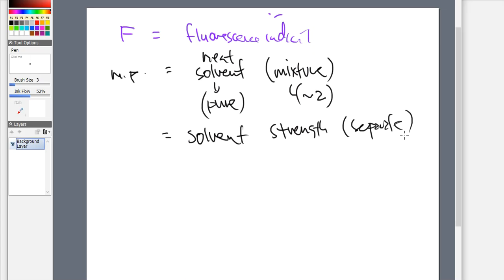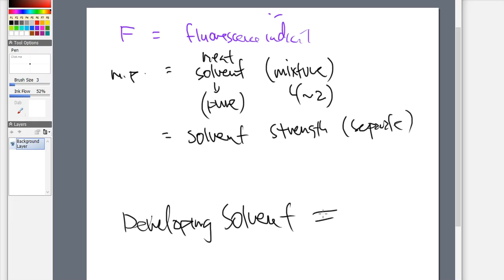And the reason I'm pausing and slowing down is just to get your attention at some point. But there is a thing called a developing solvent. And a developing solvent is not the same as mobile phase. They are different. And we're going to talk about why here in just a second, but they are different.